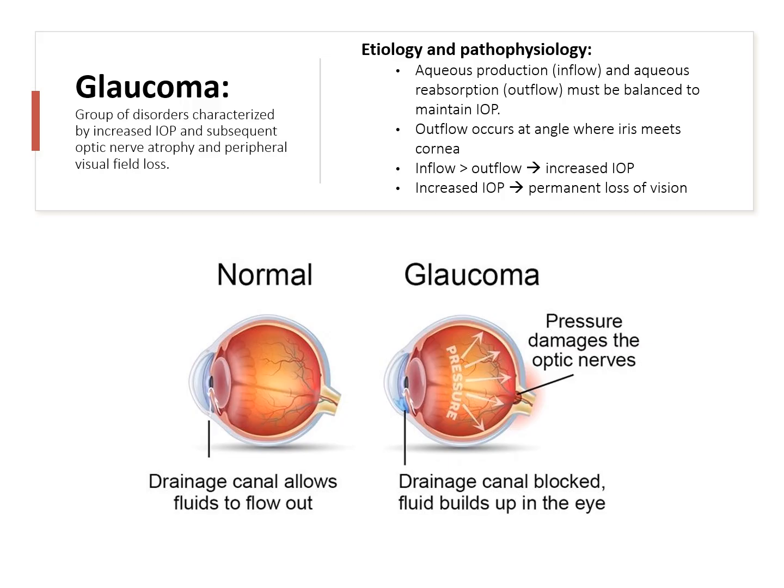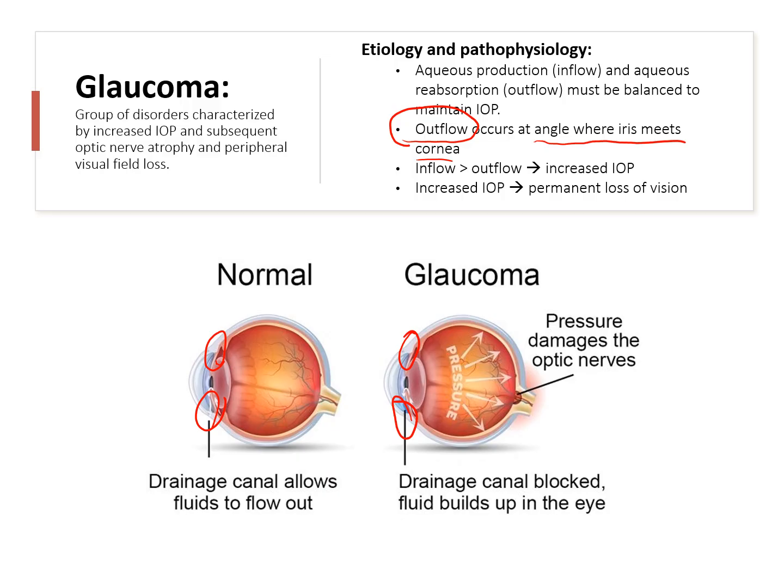So the outflow, okay, where the reabsorption occurs in our body, occurs at the angle where the iris meets the cornea. So let's see where that is. It's where the iris meets the cornea, right here where I'm circling. That's what we're calling the angle, and that's part of the name on the next slide. So that's the angle.